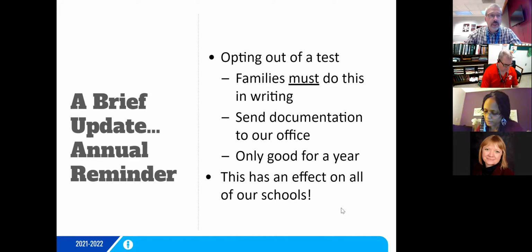Also, we're working with the communications department to get information out to families so that they understand the importance of actually taking the test and not opting out. Why do we want people to do this? What is the rationale? How does it affect the school? How does it affect the district? So that is in the works. I'll be sending out draft letters to you that have been translated so that you can send things home to families as we get closer to the test dates.